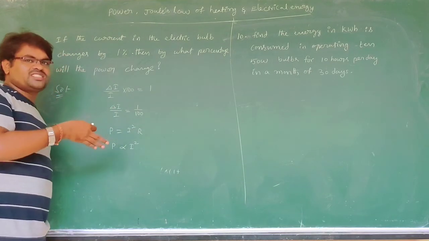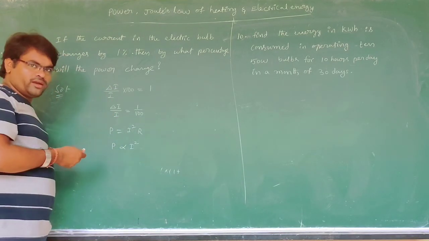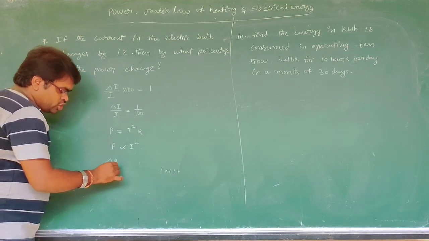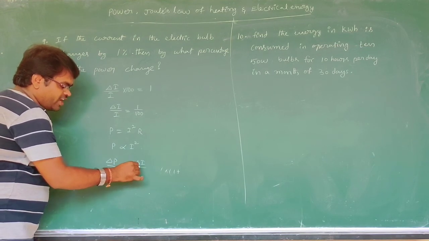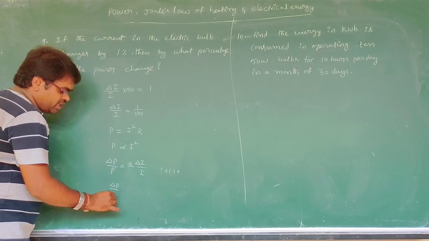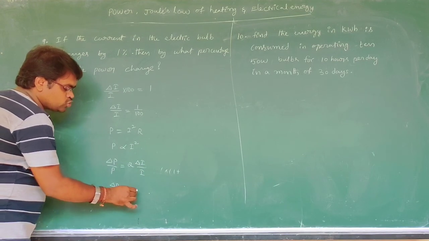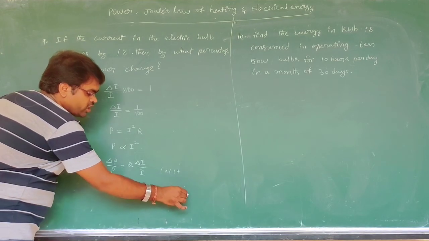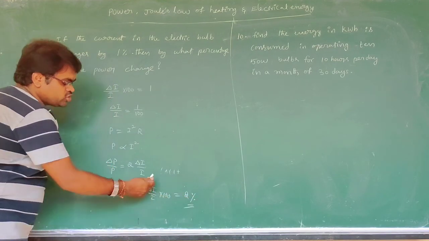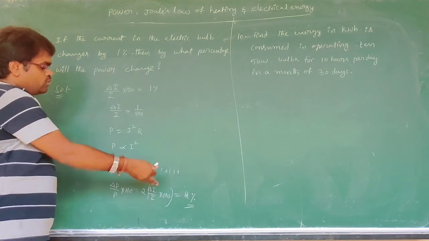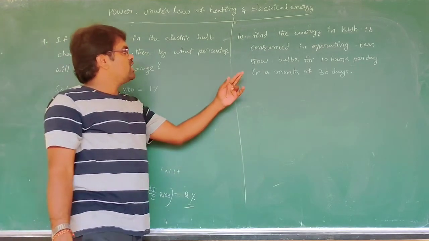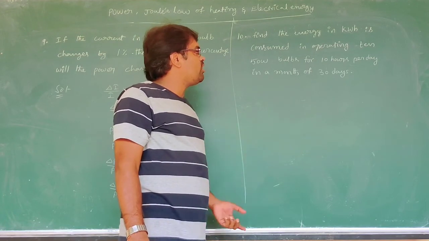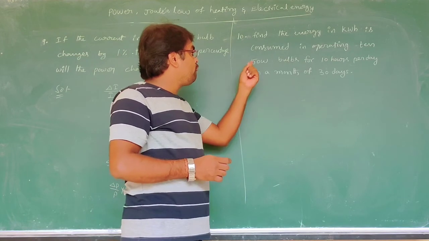Here the percent change is small, so delta P by P is equal to 2 into delta I by I. Then delta P by P into 100 is equal to 2 into delta I by I into 100. Then 2 into this value of 1% is 2%.